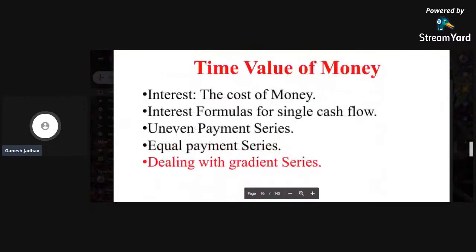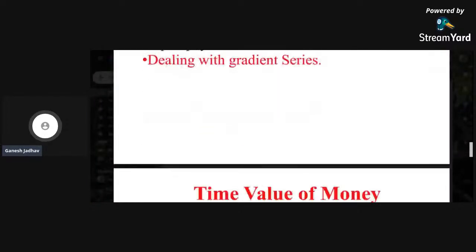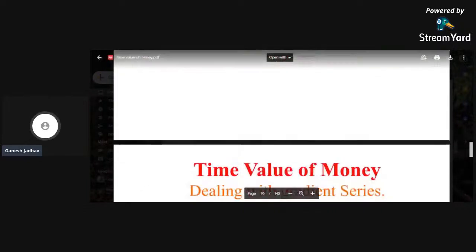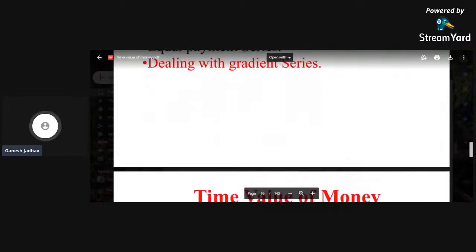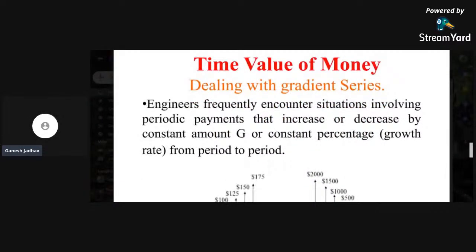Then another point is dealing with gradient series. What is dealing with gradient series? Engineers frequently encounter situations involving periodic payments that increase or decrease by a constant amount G, or a constant percentage, that is the growth rate, from period to period.